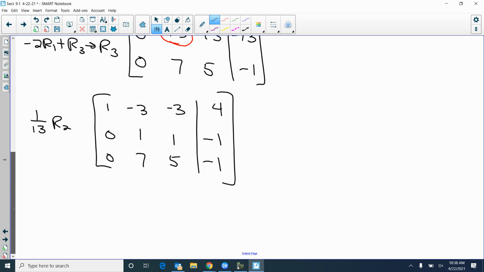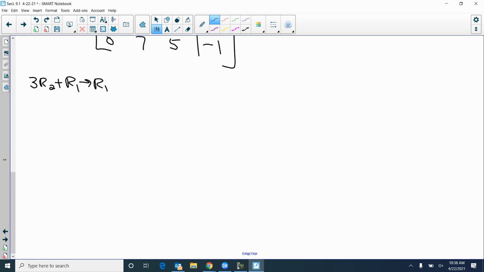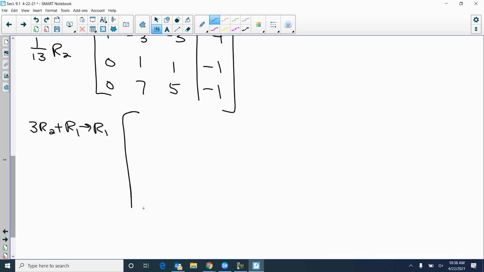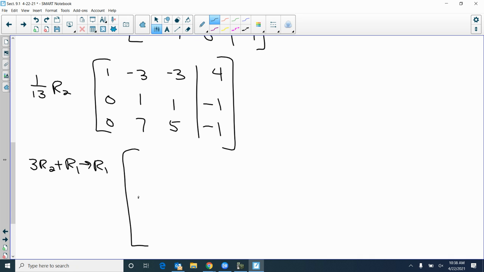So take 3 times row 2 plus row 1, and that goes in for row 1. Okay, I'm going to write row 2 down because that's not going to change. All right, what do I get? 3 times 0. See, this will not affect this 1. 3 times 0 is 0, plus 1 is 1.